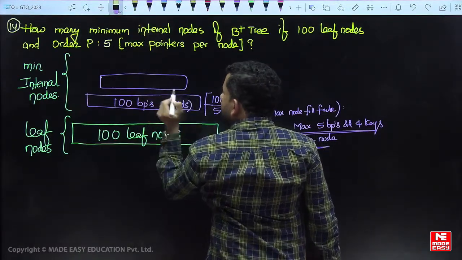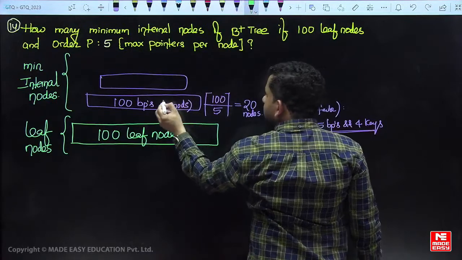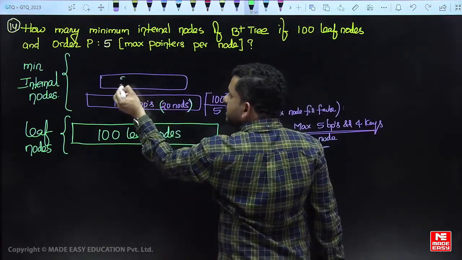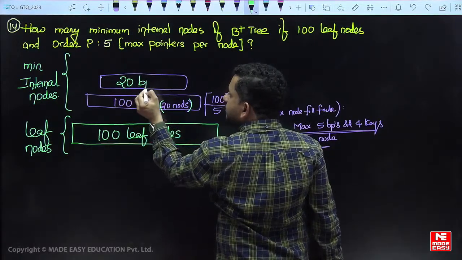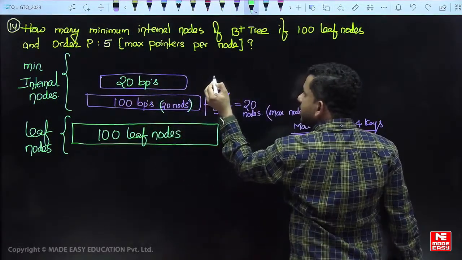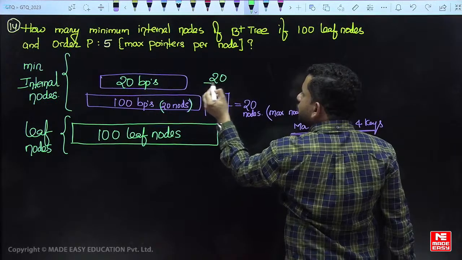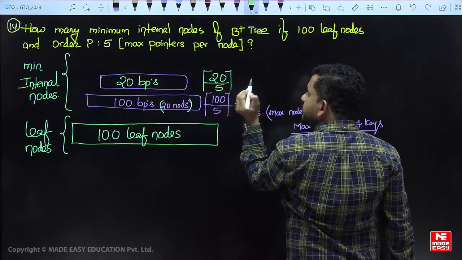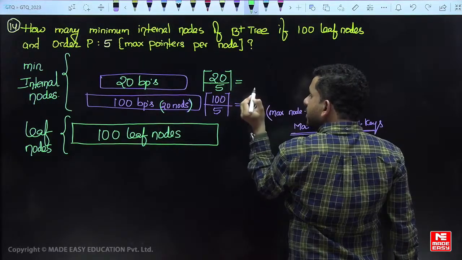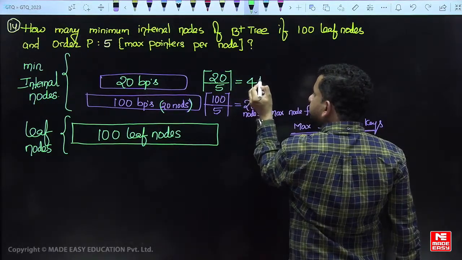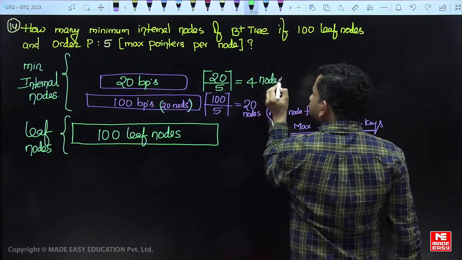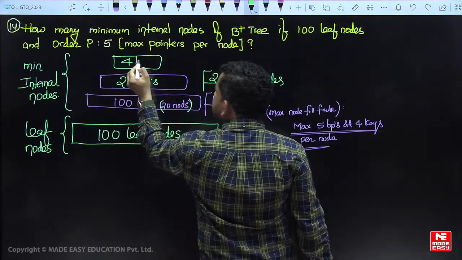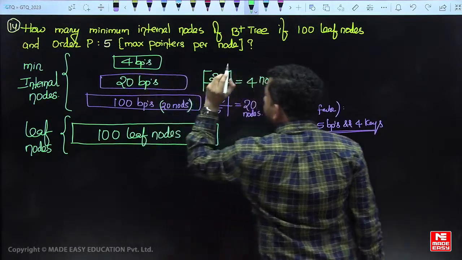So minimum 20 nodes exist in this level. If these 20 nodes are there here, it means 20 block pointers are required in the previous level. One node can have at most 5 block pointers. In case not exactly divisible, you can take the ceiling value. So it is 4 nodes. And at the previous level we need 4 block pointers.